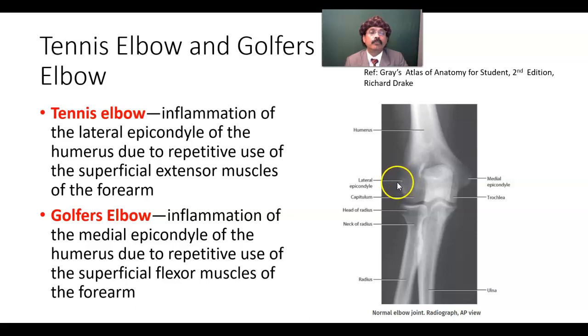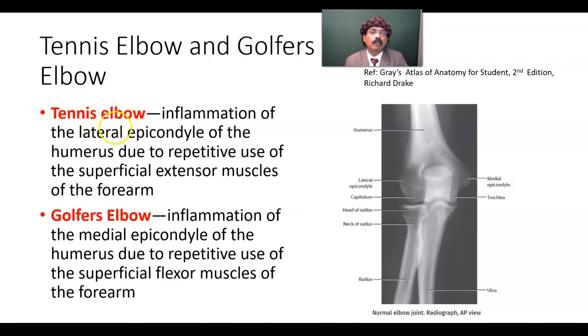So repetitive use of this muscle will cause inflammation of the lateral epicondyle plus inflammation of the periosteum around the lateral epicondyle, and that will lead to a clinical condition. We call it tennis elbow, that is typically seen in a tennis player.